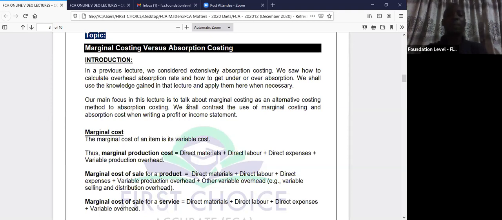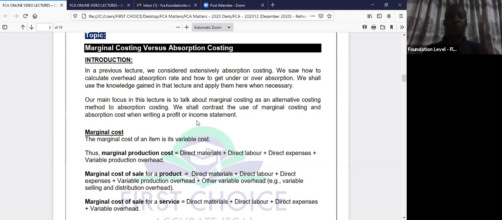Now, when we say marginal cost of sale, I want you to first of all remove the marginal and look at cost of sale. For cost of sale, we will need our direct material, direct labor, direct expenses. Henceforth, I'll be calling them prime costs. We will also need our variable production overhead.